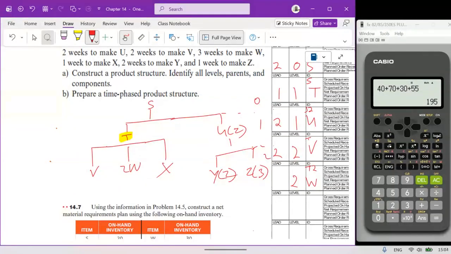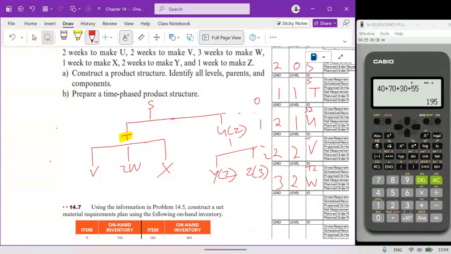It's 3 weeks. You mean lead time is 3? Yes. Oh, 3 weeks to produce W. Thank you. Now I know what you want.